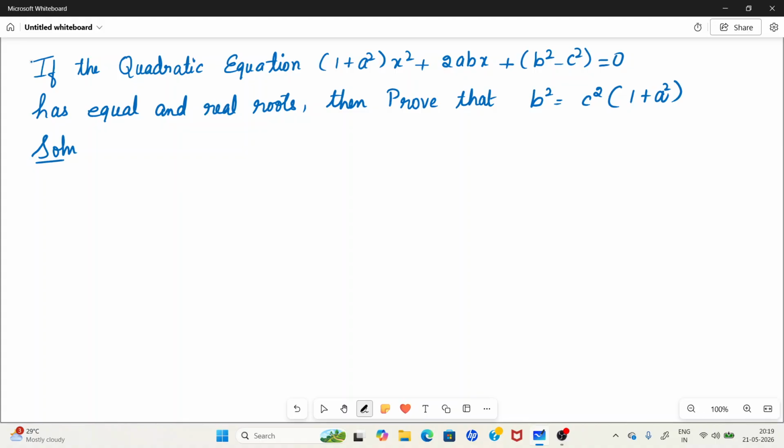To solve this problem, we need to know some of the basics. Let ax² + bx + c = 0 be any quadratic equation.